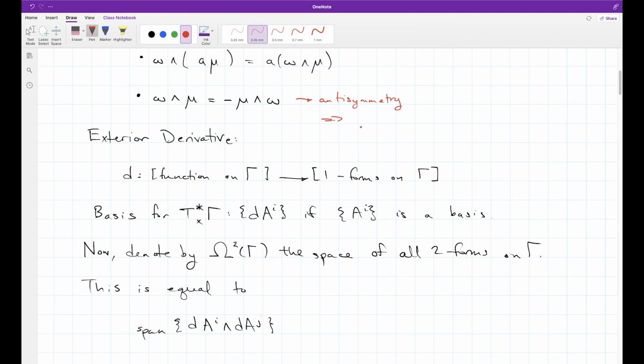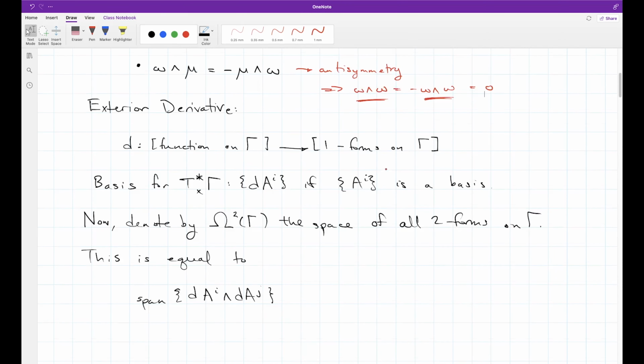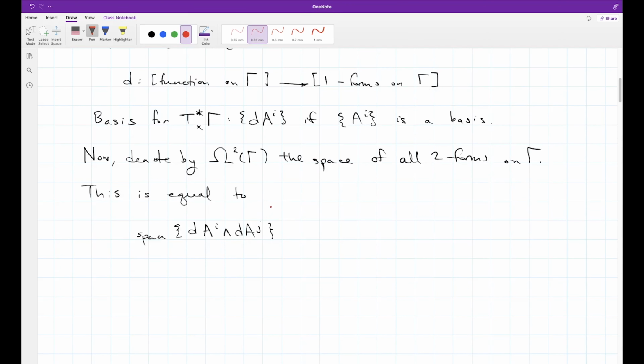So the corollary is that omega wedge omega must equal minus omega wedge omega. But the only time an object can equal its own negative is when it's 0. So this object is 0. So here, in principle, we only need to consider i not equal to j. And in fact, because we could always permute the two basis one forms, we could only consider i less than j.